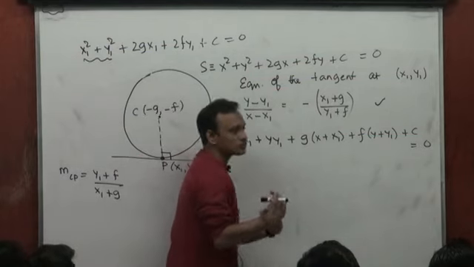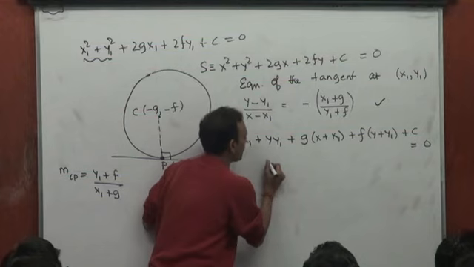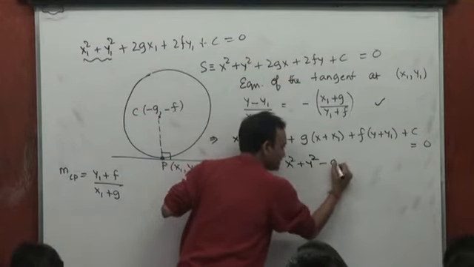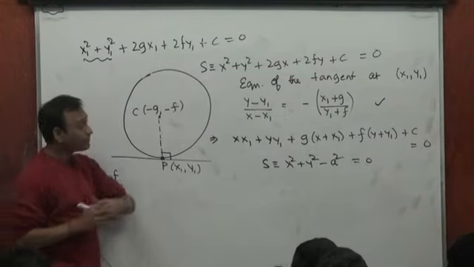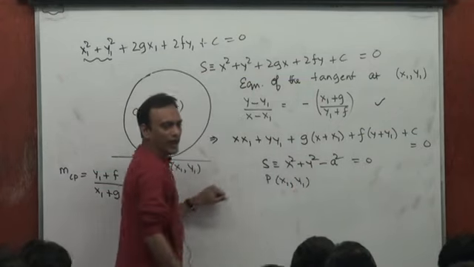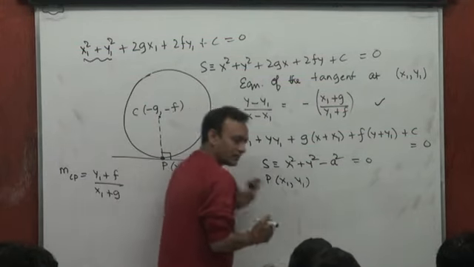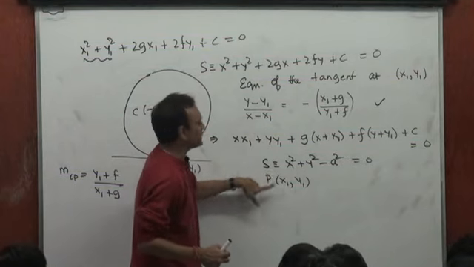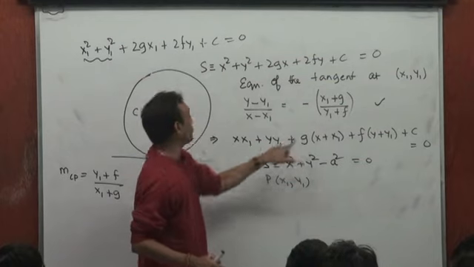Now, for the more specific circle with center as the origin, that is, if I have the circle S, which is x squared plus y squared minus a squared equal to 0, a the radius, (0, 0) the center, and if you have a point P, (x1, y1) on this circle, then realize that the same thing, you replace in the equation of the tangent, you put g equal to 0, f equal to 0 and c equal to minus a squared.